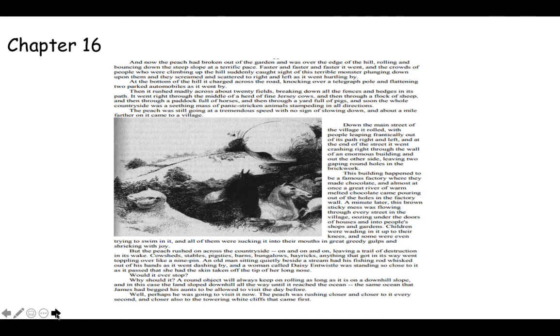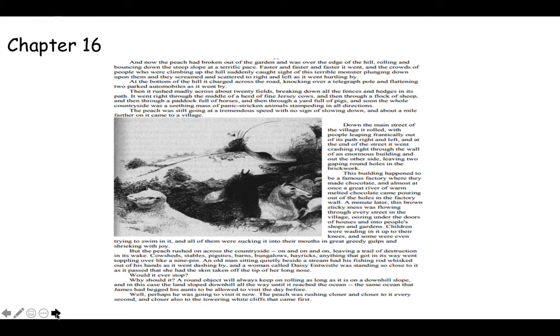But the peach rushed on across the countryside, on and on and on, leaving a trail of destruction in its wake. Cowsheds, stables, pigsties, barns, bungalows, haystacks, anything that got in its way went toppling over like a ninepin.